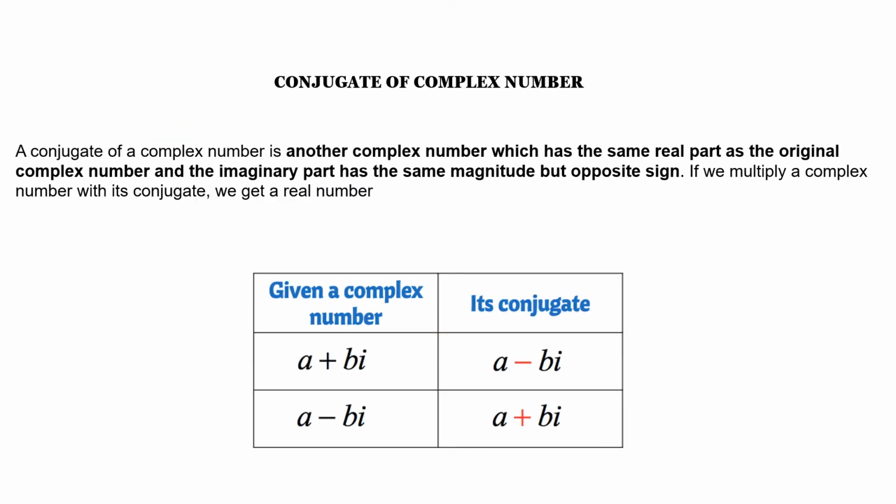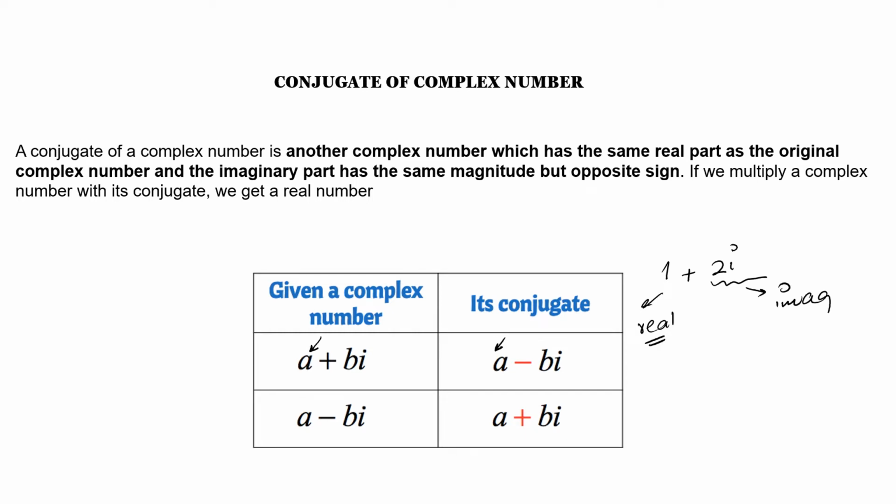Okay, so now the conjugate of complex numbers. The conjugate of a complex number is another complex number which consists of the exact same real part. If I have 1 plus 2i, you can see that 1 is the real part, whereas 2i is my imaginary part.